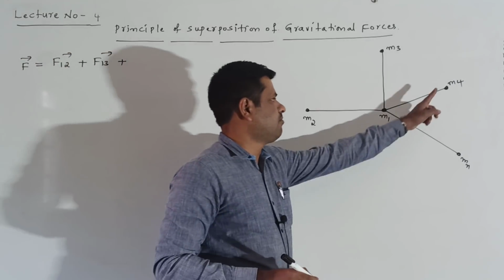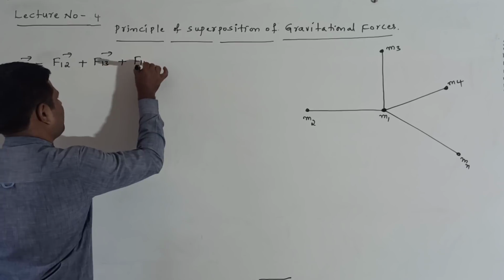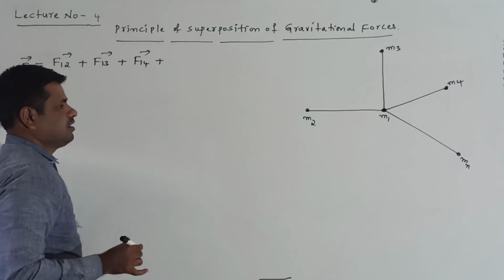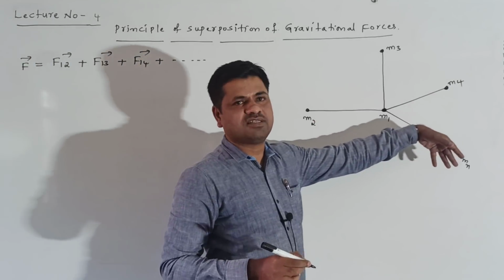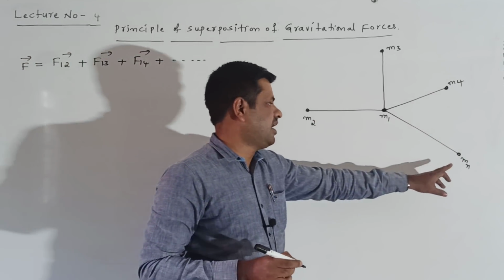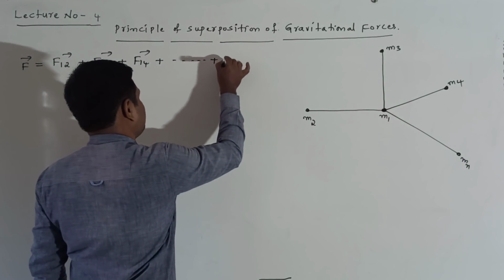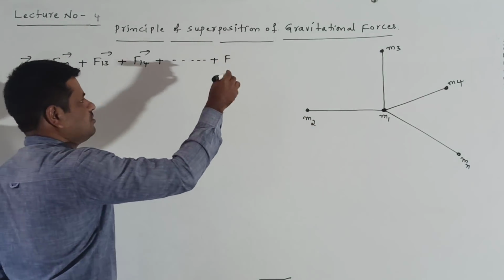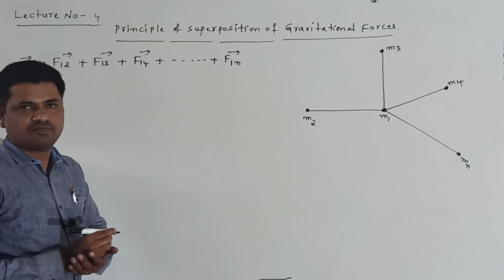The force acting on the M1 mass due to M4 mass is F14 bar. Next, M5, M6 and so on are there, which I am not showing in the diagram. Finally I have taken Mn. Plus the force acting on the M1 mass due to Mn mass, which can be written as F1n bar.